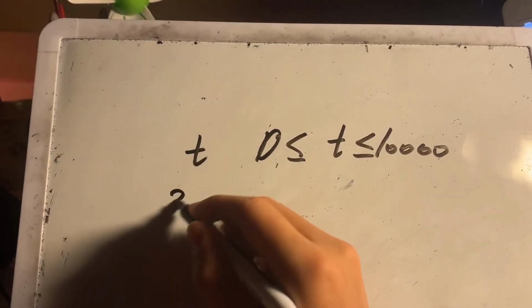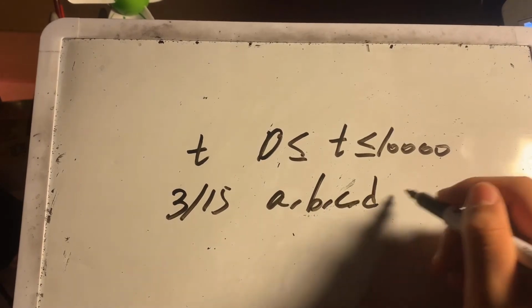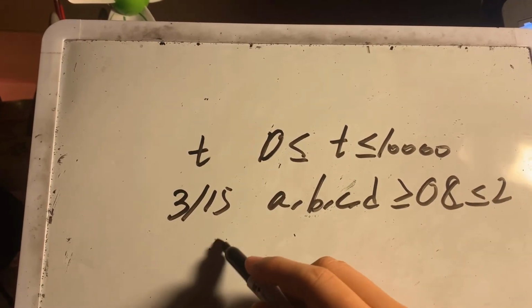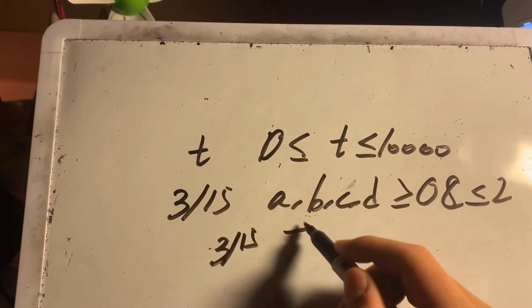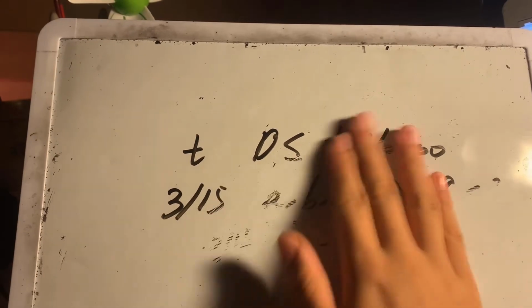For 3 out of 15 available test cases, A, B, C, D are larger than 0 and less than 2. For another 3 points, T is less than 8. So if you can't think of any ideas, you can just hard code every case. Like if A is 0, B is 0, C is 1 and D is 1, what is the result?